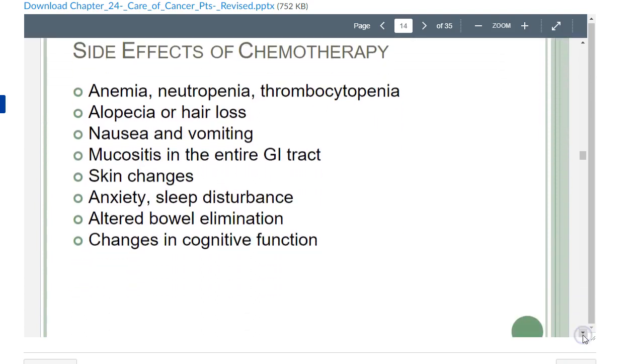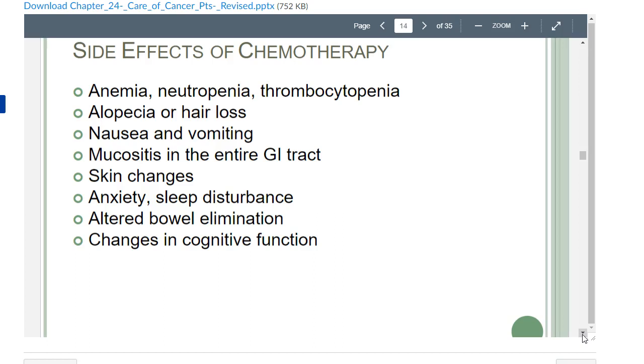And these are all the side effects of chemo: anemia, neutropenia, and thrombocytopenia. Alopecia or hair loss, nausea and vomiting, mucositis in the entire GI tract. What happens with these patients is it kills out the normal flora, so many of these patients kind of auto-contaminate themselves.